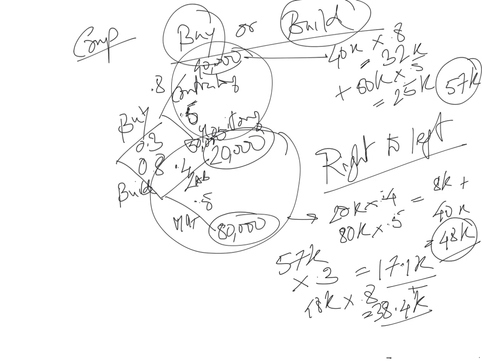So all you're saying is, regardless of how the company ends up moving, whether they want to create a buy project or a build project, you should factor in a total cost consideration of 17.1 and 38.4, which is 55.5k.